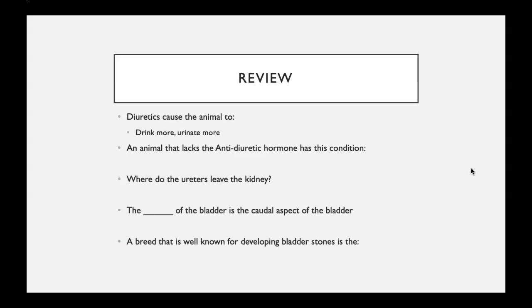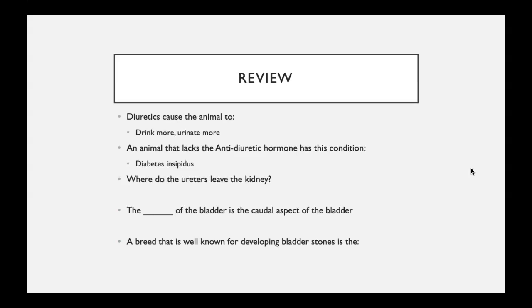So if your pet is ever placed on a diuretic medication, make sure they always have access to water, and you have to let them out all the time. An animal that lacks the antidiuretic hormone has this condition. That is diabetes insipidus, and that means that they are releasing way too much water, so they're not able to concentrate their urine. So they're just constantly releasing too much water in their urine.